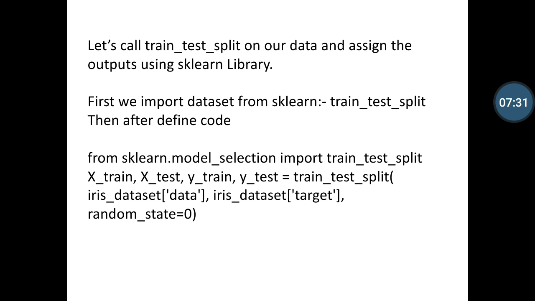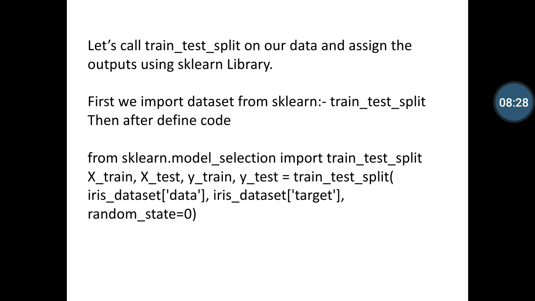So we use four elements: capital X_train, comma, capital X_test, comma, y_train, y_test is equal to train_test_split, and in brackets we put our dataset called iris_dataset and in it the field data, that is a key or field value of our dataset, and another is target, that is also an attribute of our dataset.